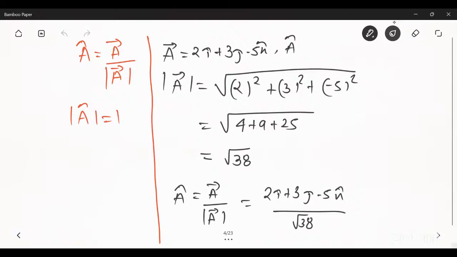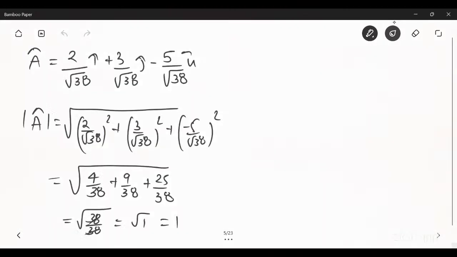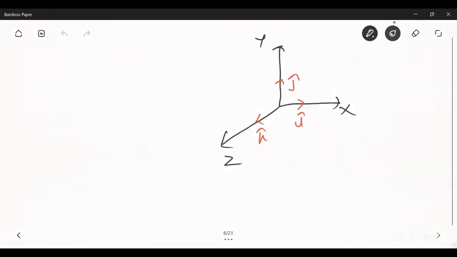On solving, we will get under root 38. Now we put it in the formula of a cap. A cap is a unit vector, and the formula is a vector upon mod a vector. So we will get 2i upon under root 38 plus 3j upon under root 38 minus 5 upon under root 38 k.